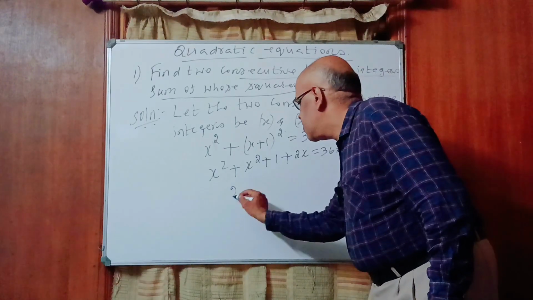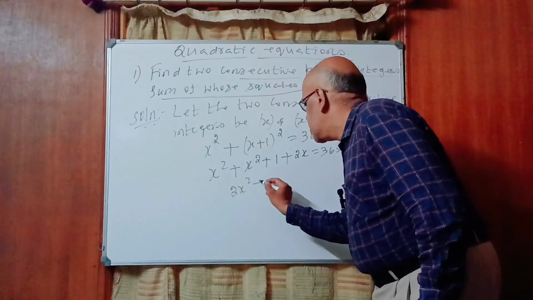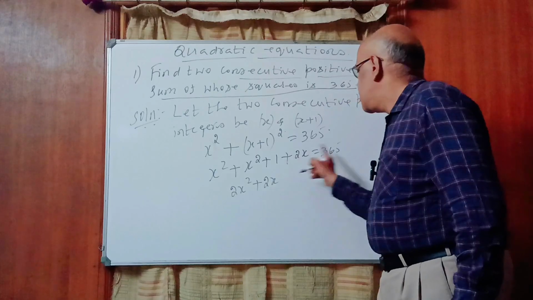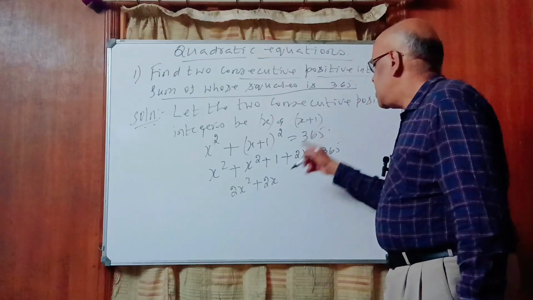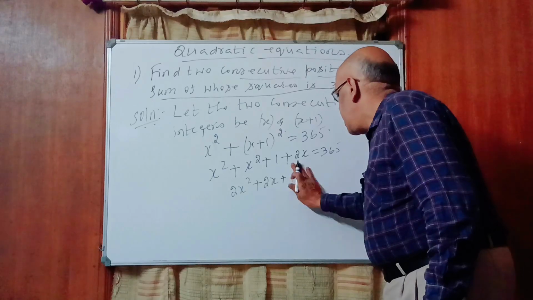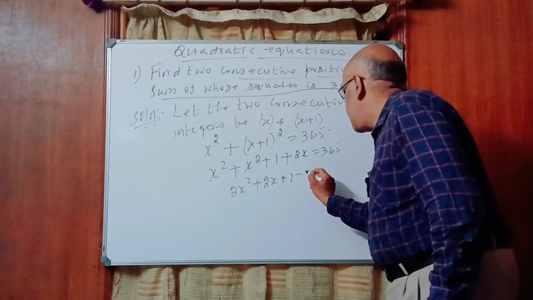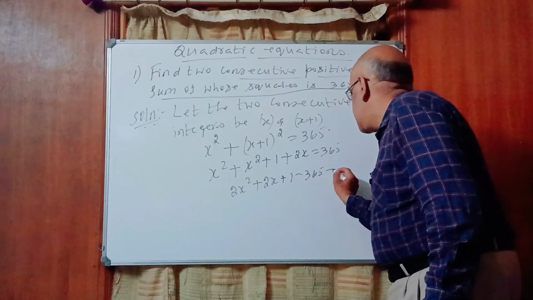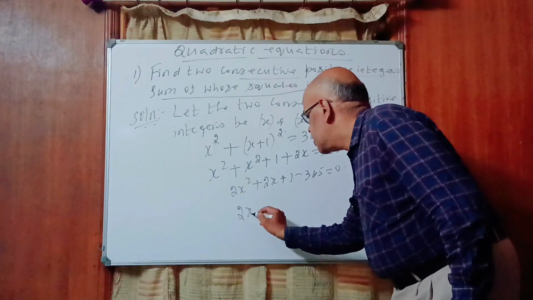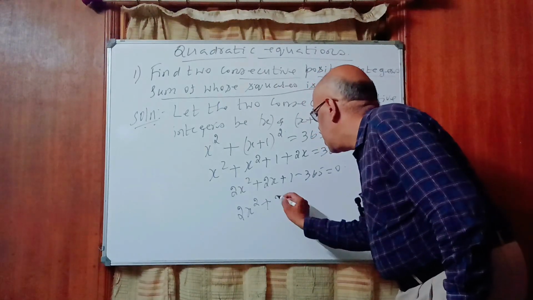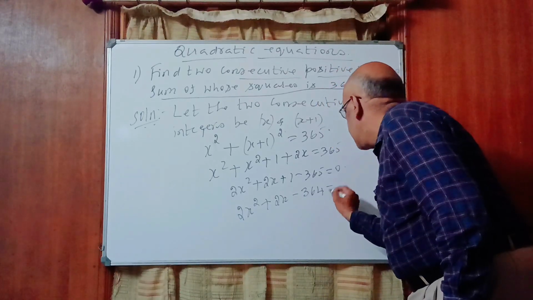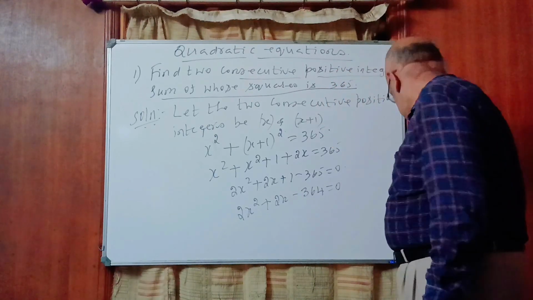X square plus x square, 2x square plus 2x plus 1, 365. From RHS bring it to LHS, it becomes 1 minus 365, children, is equal to 0. Then 2x square plus 2x minus 364 is equal to 0, children.